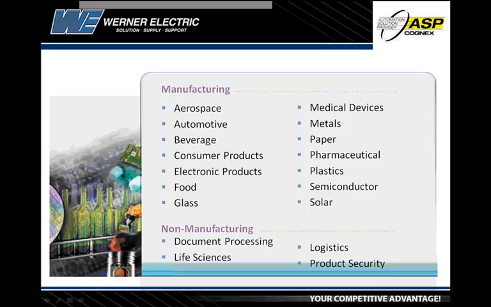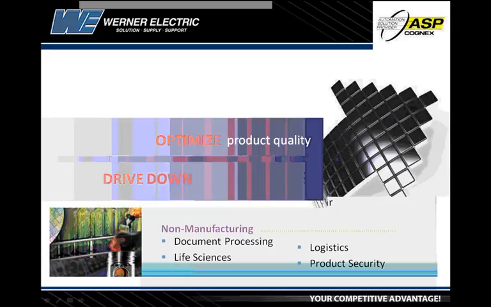So that includes aerospace, automotive, food and beverage, consumer products, electronics, glass, medical devices, metals, paper, pharmaceuticals, plastics, semiconductor, solar, which is actually just a subset of semiconductor. And then in non-manufacturing situations as well, like transportation and logistics and document processing.